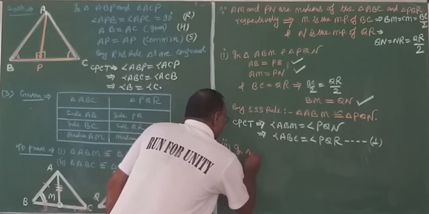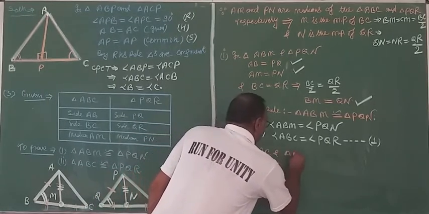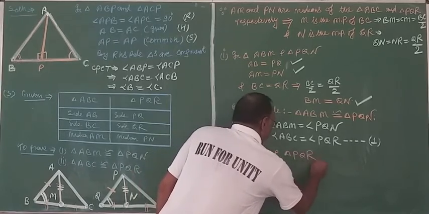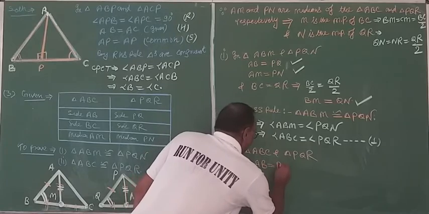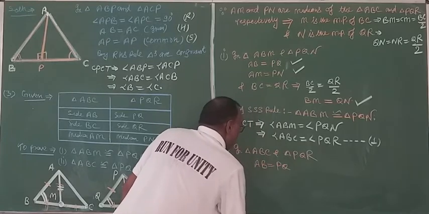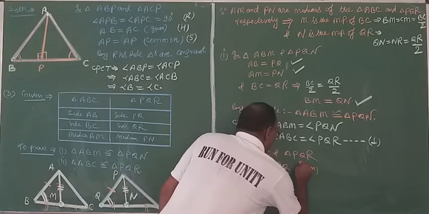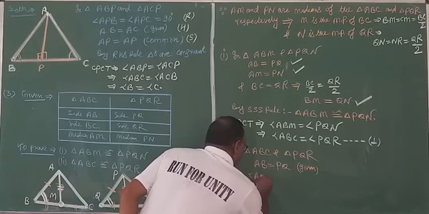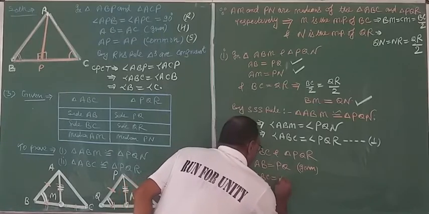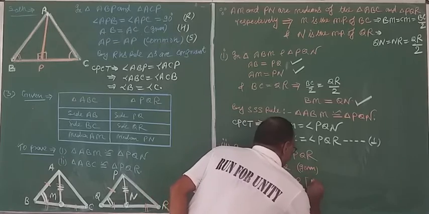Now the second part. In triangle ABC and triangle PQR, just tell me, it was given AB is equal to PQ. Angle ABC is equal to angle PQR. What is the reason of this?